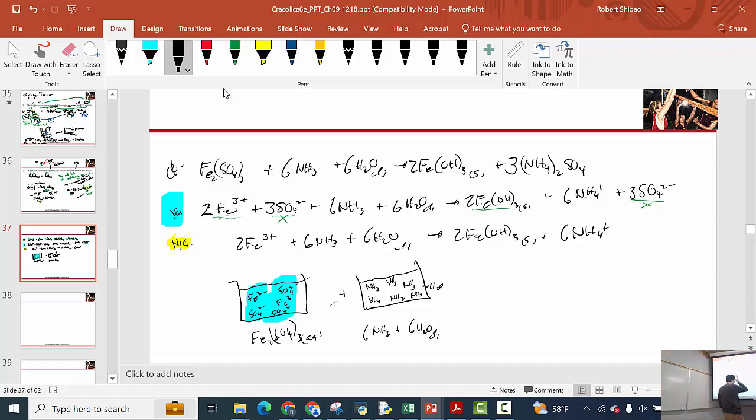We have lots of ammonia in there. All we need for this particular one is, for every 2 irons we need 6 of these. But we have lots of them in the water. If I have a bunch of these, I just need a little bit of them to react.